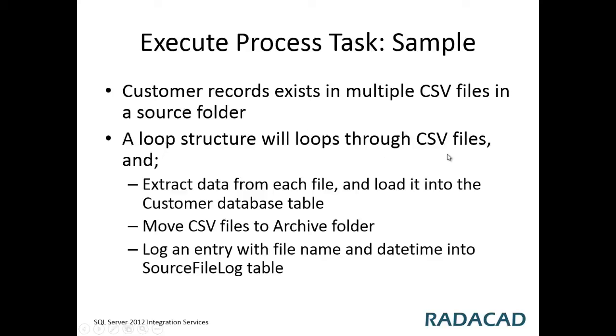So we will use a loop structure to loop through the CSV files and extract each data file into the customer destination table, and then we will move that CSV file to an archive folder, and finally we will put a log entry in a table named source file log to mention which file was loaded at this time.